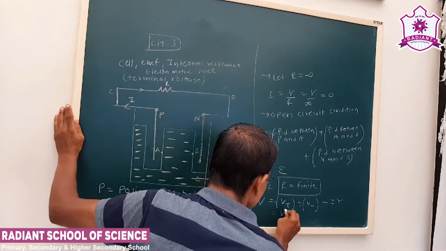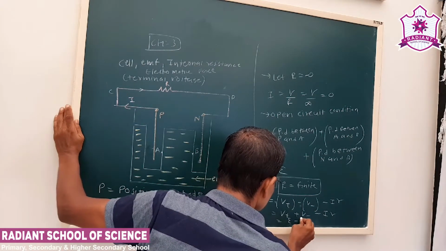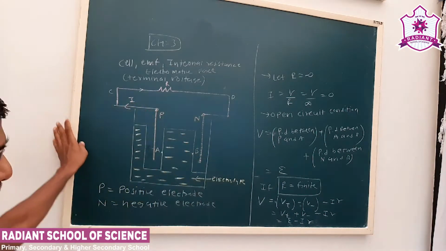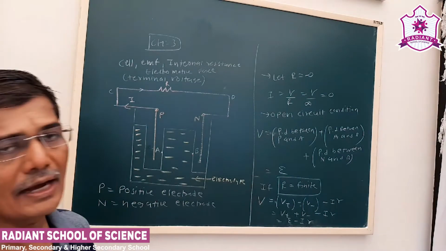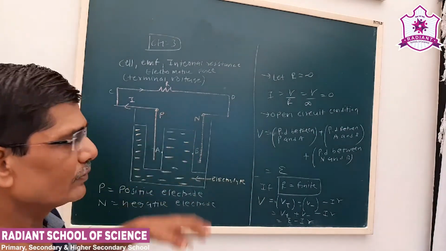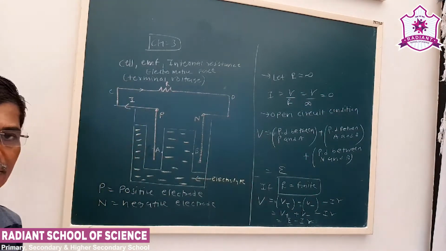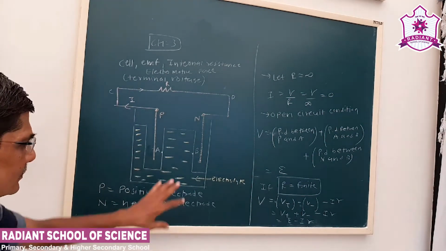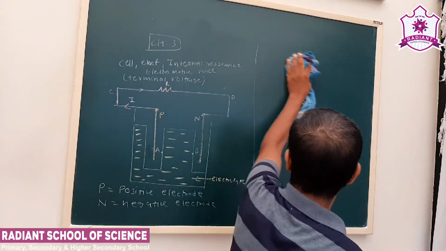Now V plus plus V minus, that is the EMF of the cell, we have seen. Now what is R? R is the resistance offered by the material of the cell. What is the material of the cell here? The electrolyte. So our R is called the internal resistance.